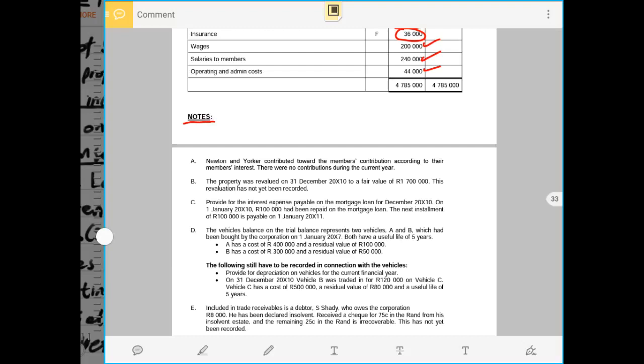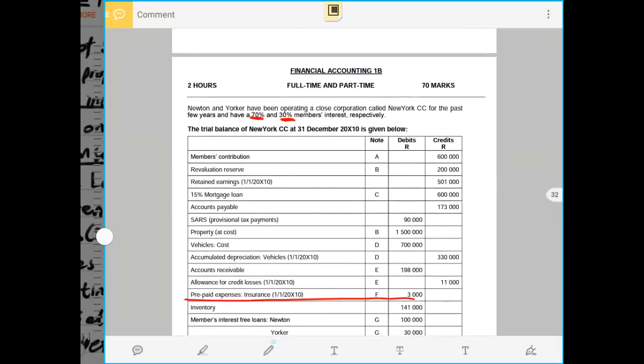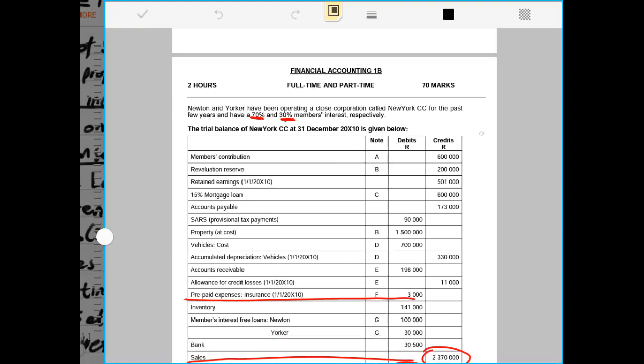There were no contributions during the year. So now they are trying to tell us that during the year there was no members' contribution. However, the members' contribution that you see in the trial balance was contributed based on their members' interest. So for Newton it was 70%, and for Yoka 30%.